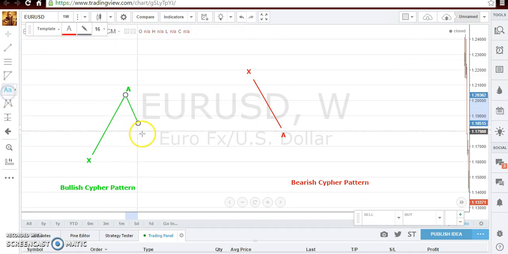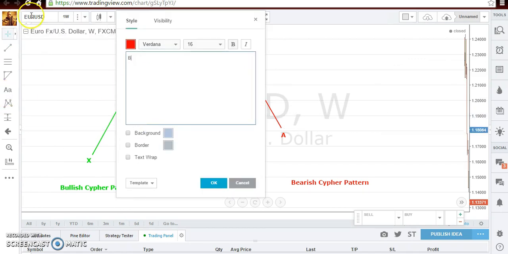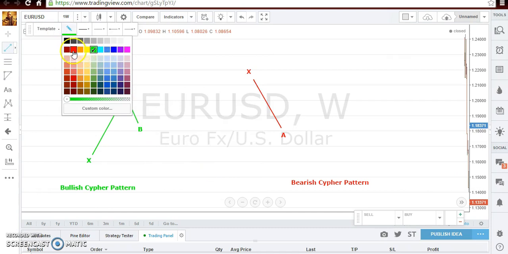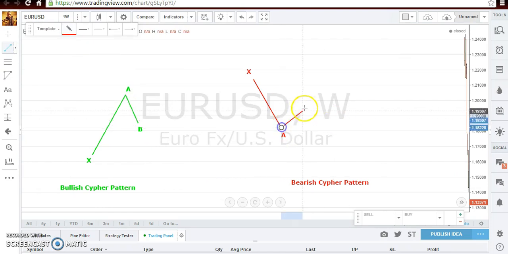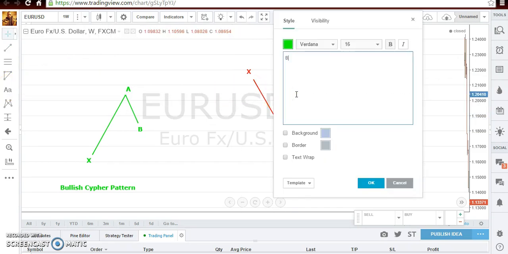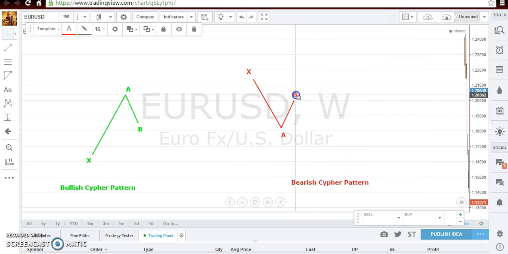So we're going to go ahead and label that as B. And we're going to do the same for the bearish Cypher pattern, A to B. The next thing is we're going to bring on our Fibonacci tool, because we're going to use it to know what retracement line B has to touch before it can qualify as a valid leg of a Cypher pattern.